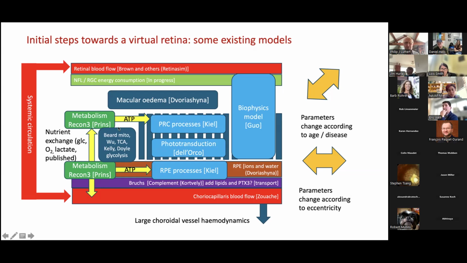And of course, it's not that interesting to just get a model working for one instance of one bit of retina. What we really want to do is to embrace the fact that the parameters for these models will change depending on eccentricity, depending on individual, depending on disease, and so on. So the modeling framework needs to capture that variability.